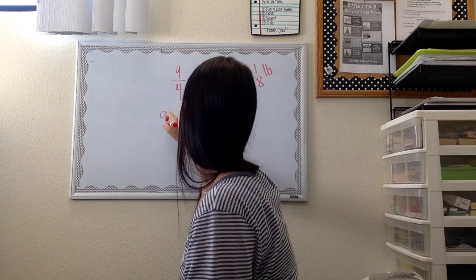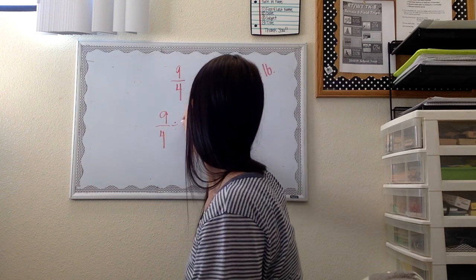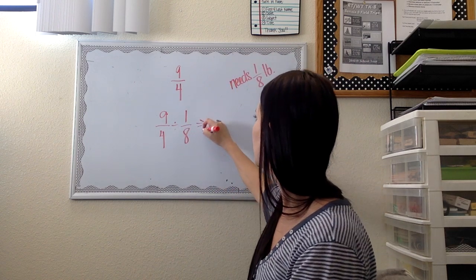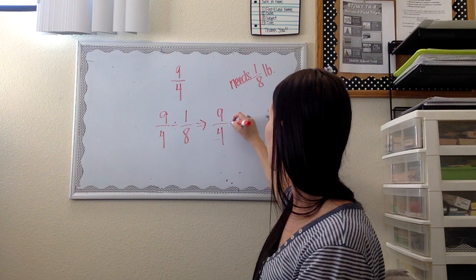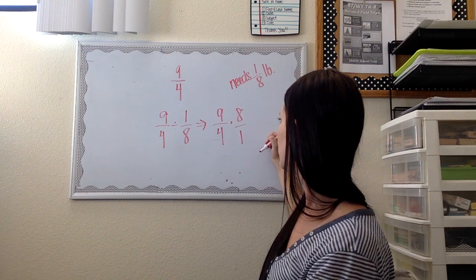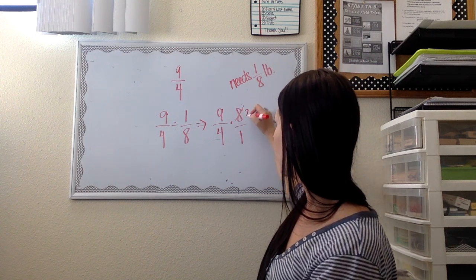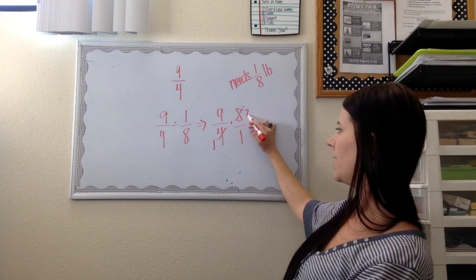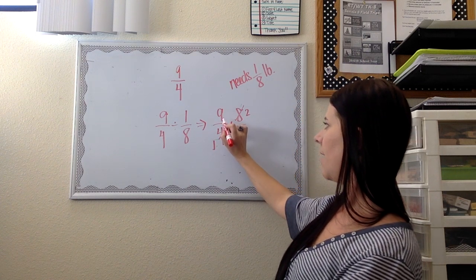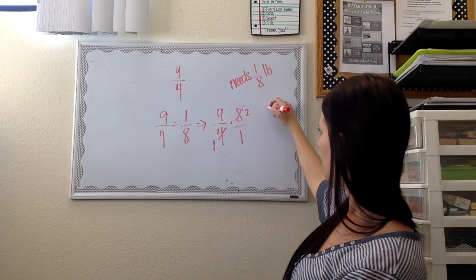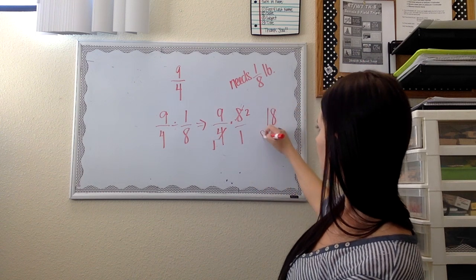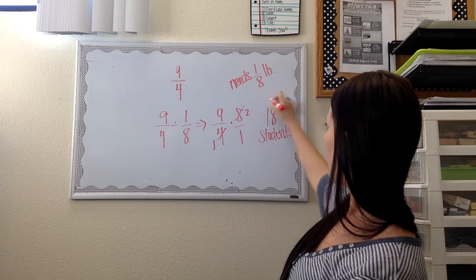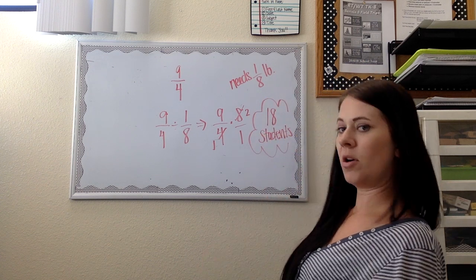So that means 9/4 divided by 1 over 8, which is really 9/4 times 8 over 1. I'm going to cross cancel. 4 goes into itself once. It goes into 8 twice. I gather up what's left and I multiply across. 9 times 2 is 18. So 18 students can do this art project.